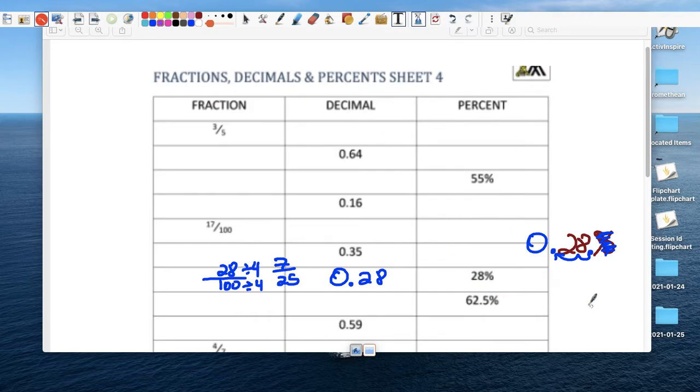Próximo is 62.5. We're going to move the decimal dos veces a la izquierda. So va a quedar 0.625. Okay. Now as a fraction, el 6 es la casita de los 10. The 2 would be 100. El 5 is 1000. So we're going to put 1000 over here, and 625.